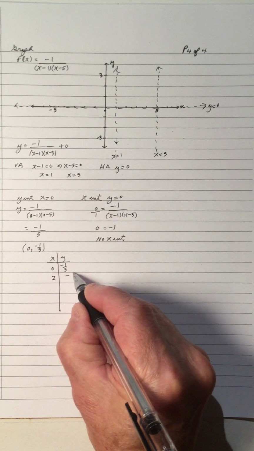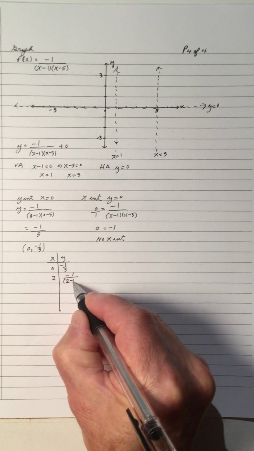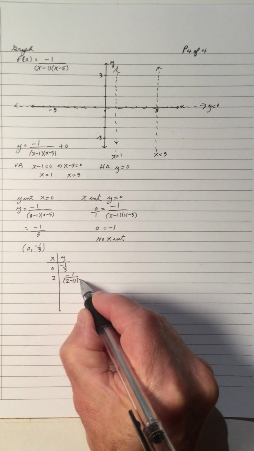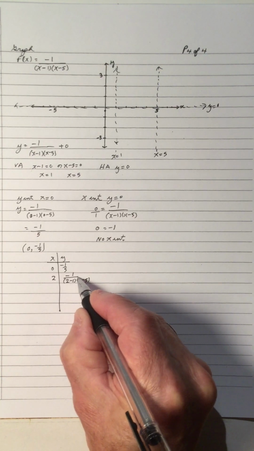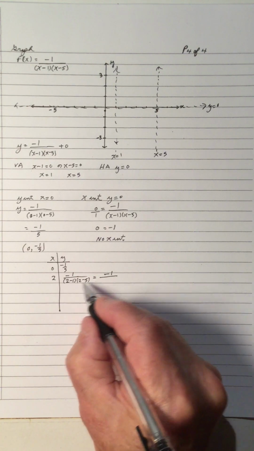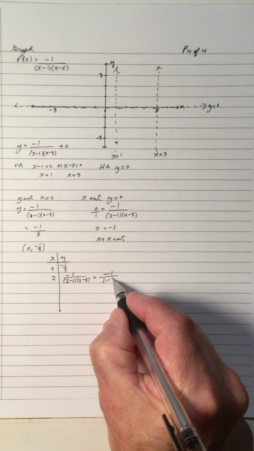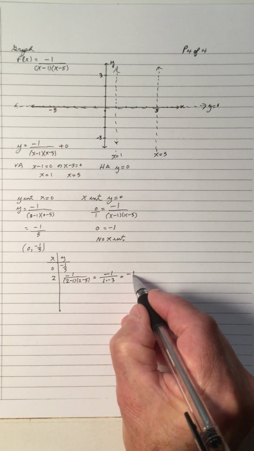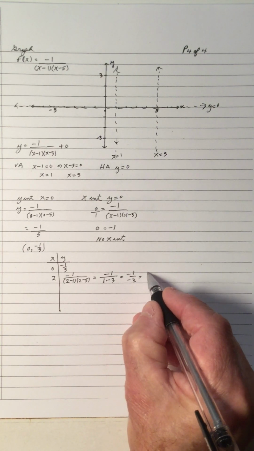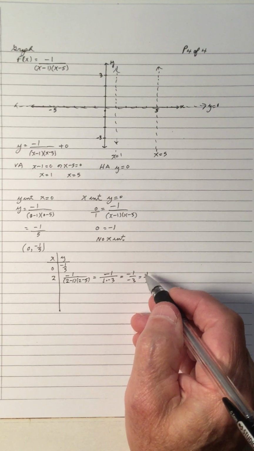So we get negative 1 over 2 minus 1 and 2 minus 5. That's negative 1 over 1 times negative 3, so that's negative 1 over negative 3, which is 1/3.